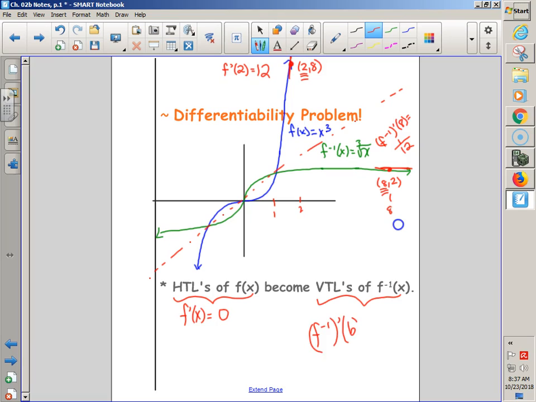I'm going to put B. So when f prime of A equals 0, then what's going to be f inverse prime of B? So the horizontal tangents are going to be the vertical tangents. The horizontal tangents of the original are going to be the vertical tangents of the inverse. That's just a quick little application.